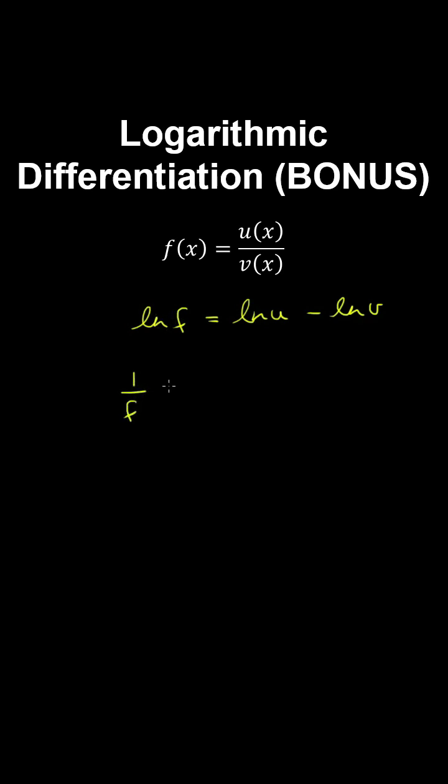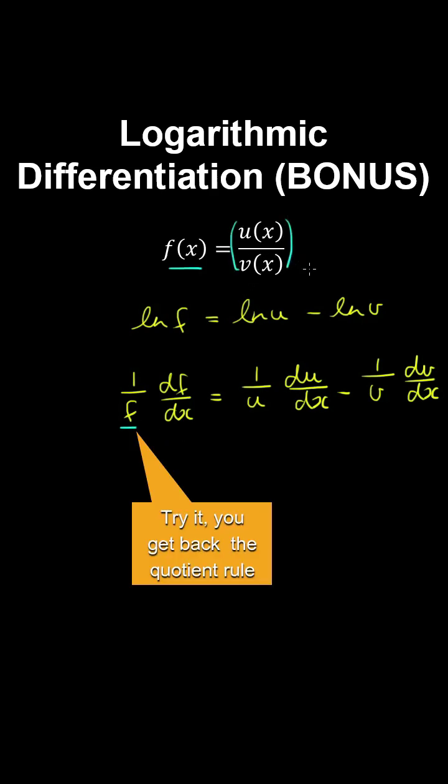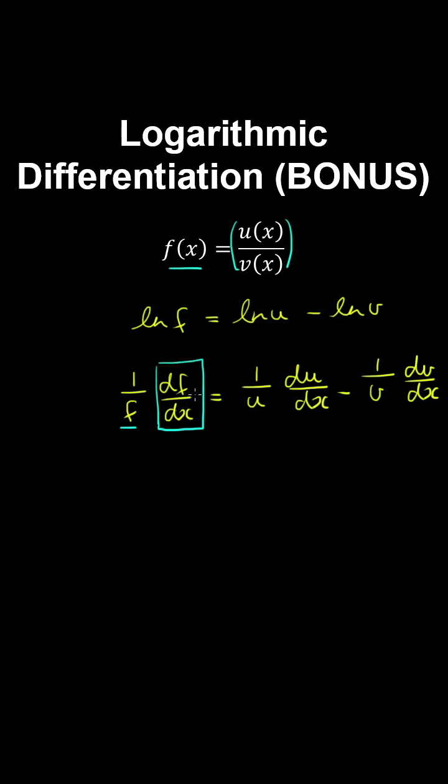That gives 1 on f times df/dx, and that's equal to 1 on u times du/dx, minus 1 on v times dv/dx. And then we can multiply through by f and substitute these expressions and do a bit of algebra to obtain our final derivative. And we'll see how convenient this is in an example problem.